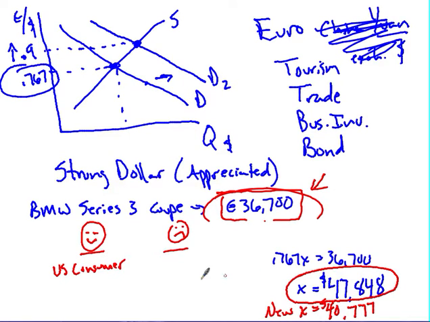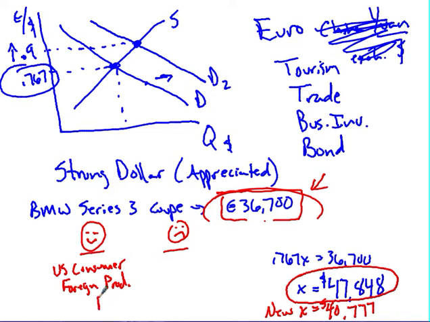All right. What about if you're BMW? Are you happy that this happened in the financial markets? And so now you can sell your car. So BMW, or we'll just say foreign producers, are very happy because now their products become cheaper for people in the U.S. to buy.